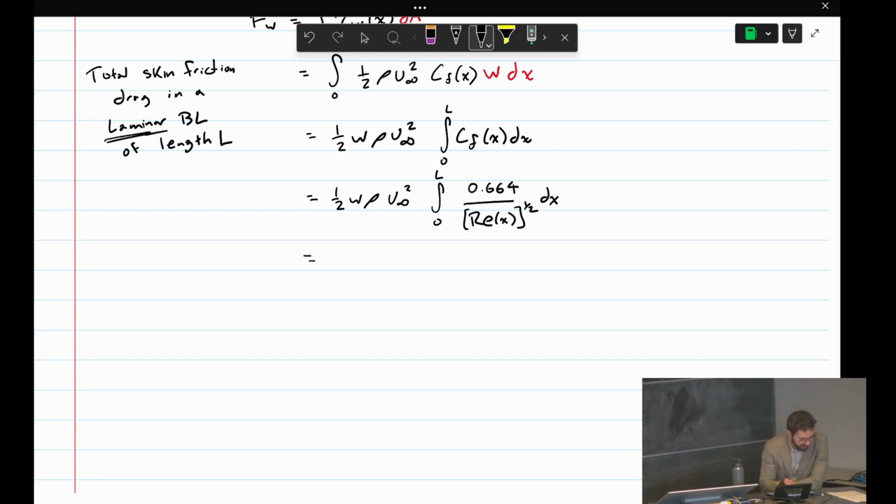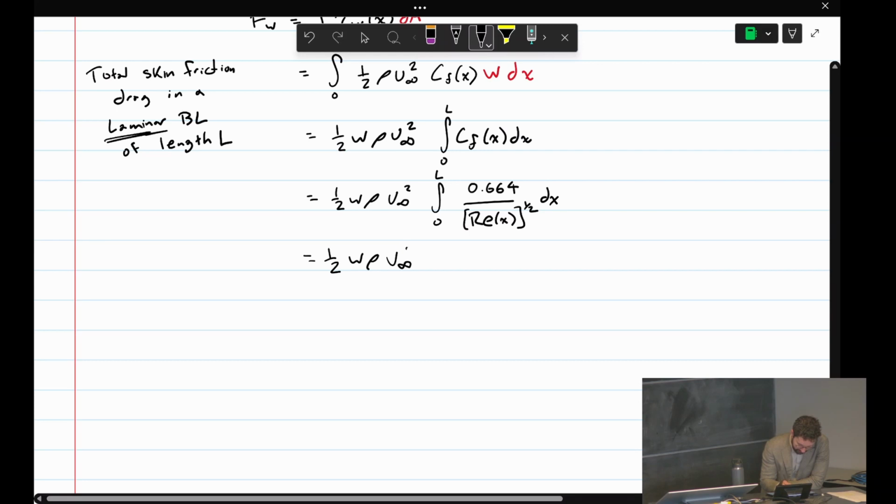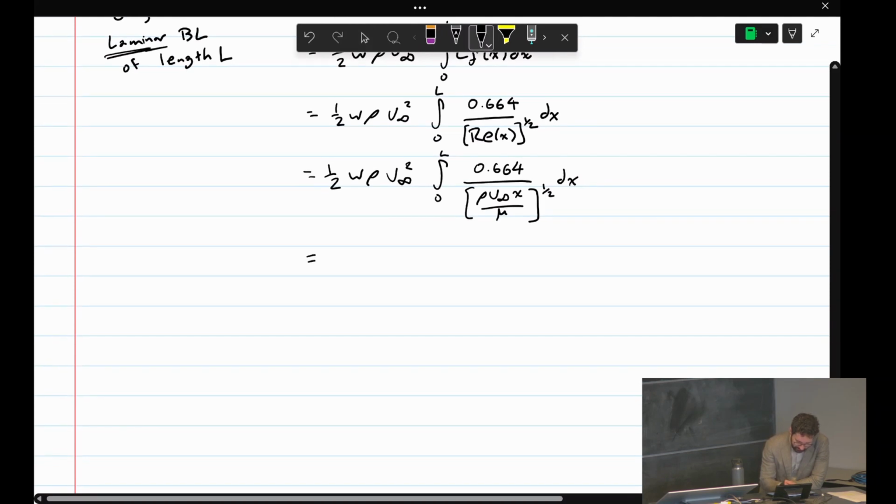We can basically write this, based on the definition of Reynolds number of x, as rho u infinity x over mu. Now everything in here except x is a constant. So you can do this.